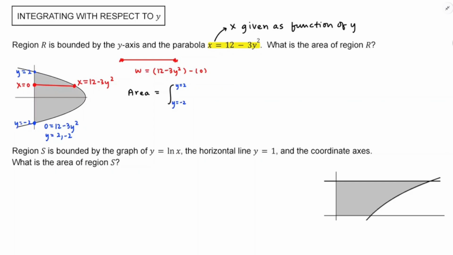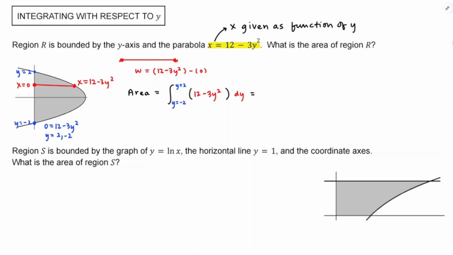And then I'm going to be adding up these rectangle areas, so I need to think about a height and a width. In parentheses, it's actually going to be the width, because that's what depends on y, and the height is going to be dy, because it's a really short rectangle. The height is very small. So my width, right minus left, is 12 minus 3y squared. My height is dy.